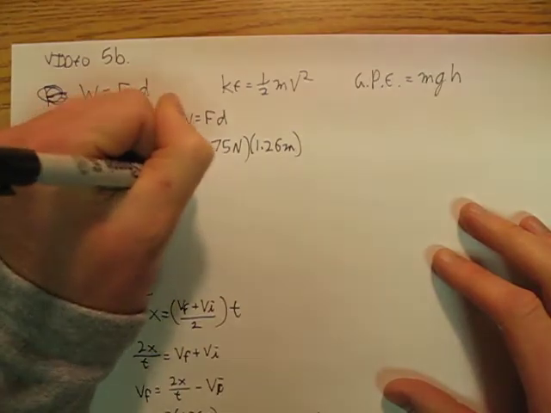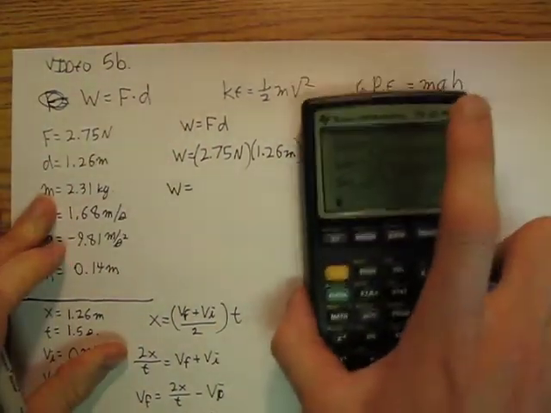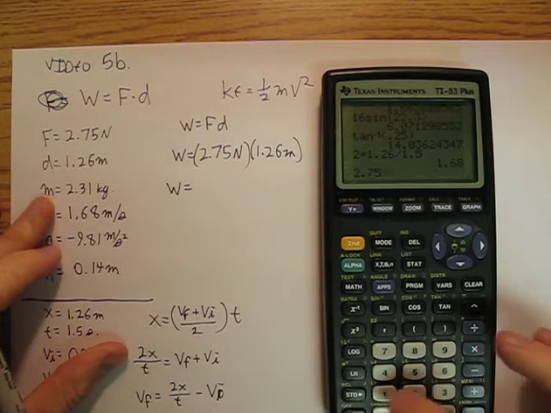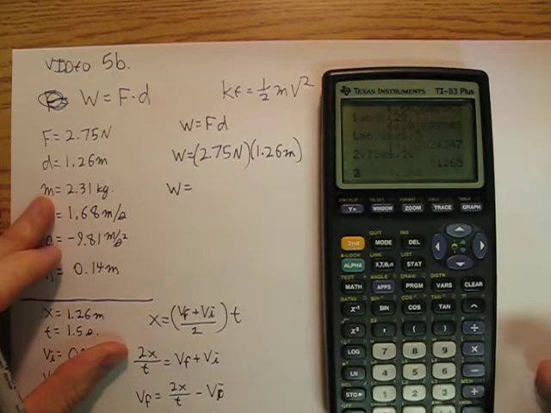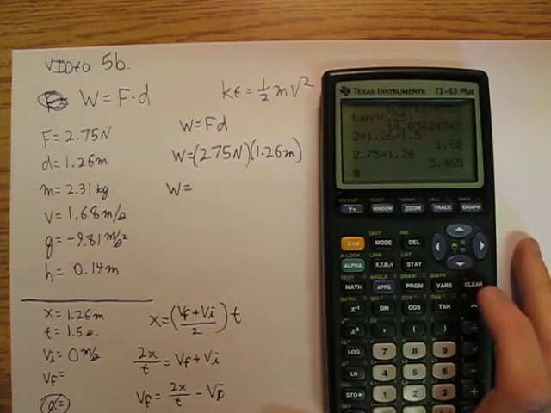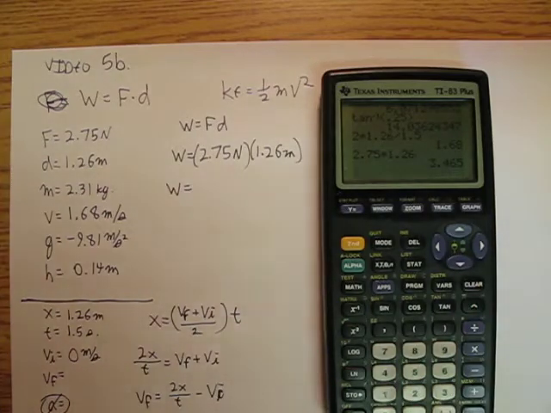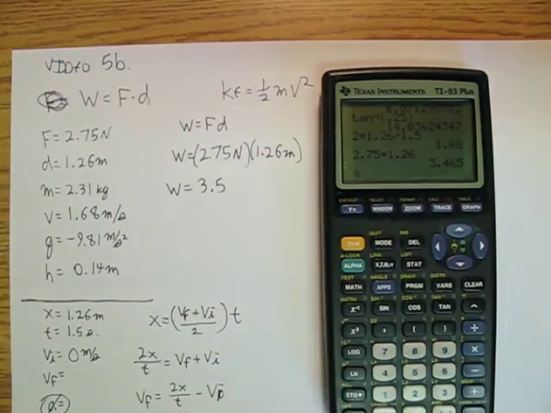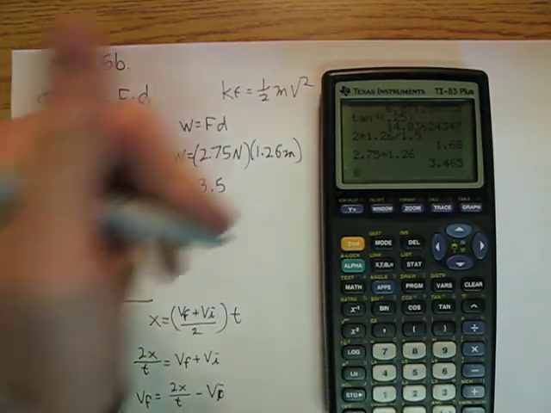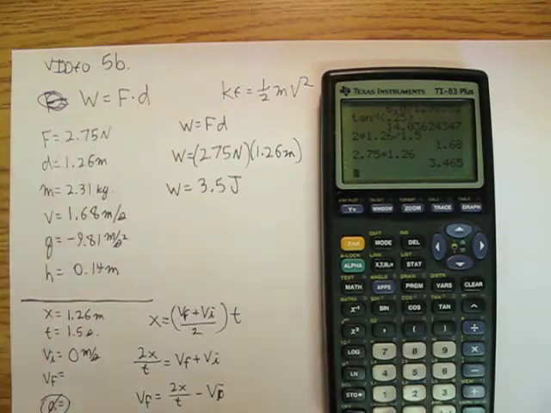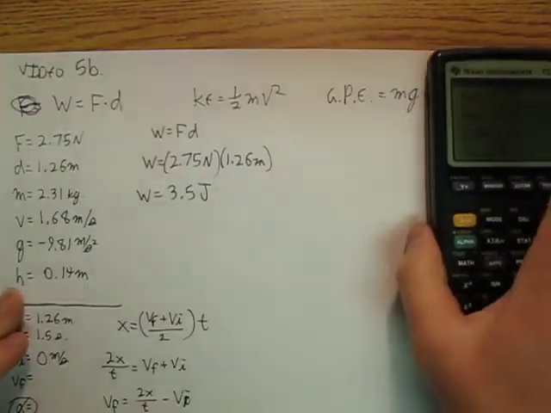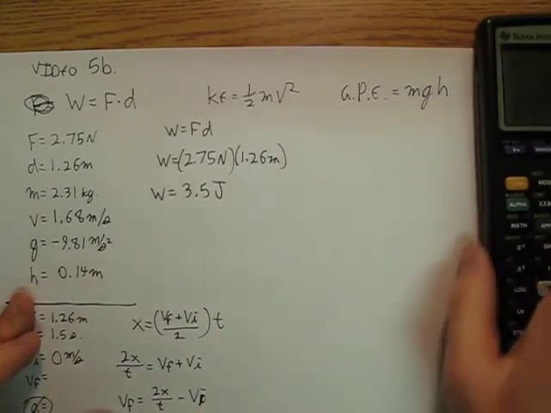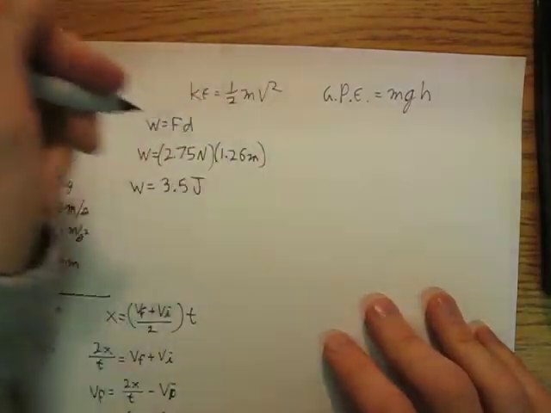And so the work that I did is 3.465, so I'm going to call that 3.5. What are the units? Take a second. What are the units? They are joules. 3.5 joules.